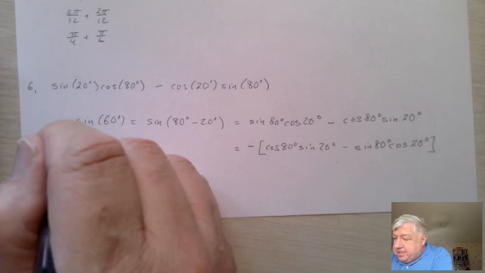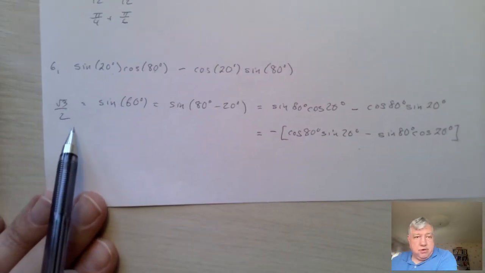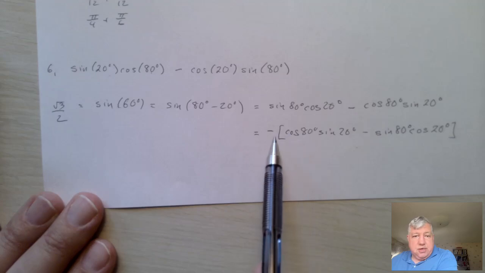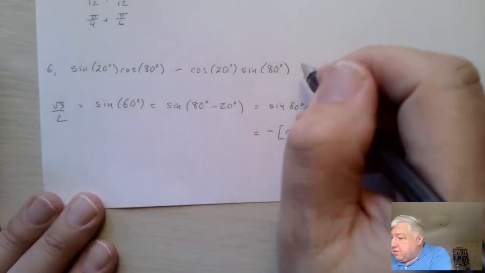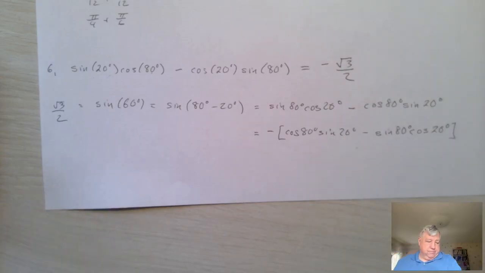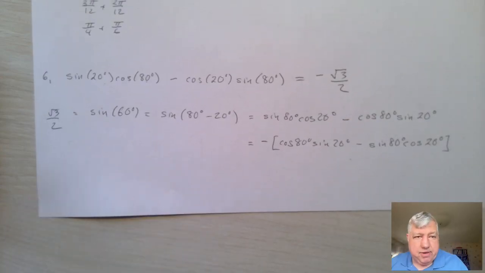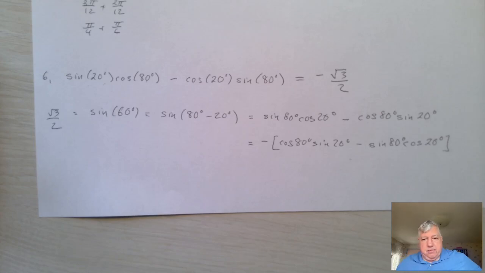The sine of 60 degrees, we know is the square root of 3 over 2. So the square root of 3 over 2 is the opposite of this, so this must be equal to minus the square root of 3 over 2. So sometimes you have to do a little playing around, even if you know your formulas. All right, digest this, and then we will see you in part 2 of this video.